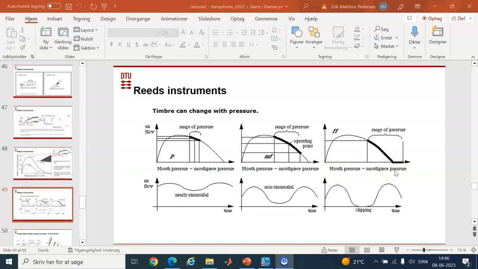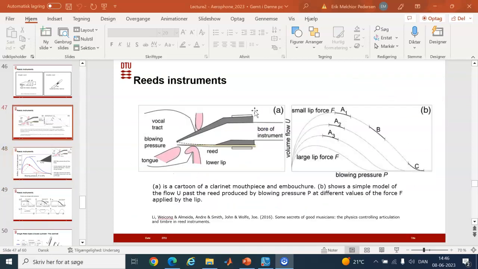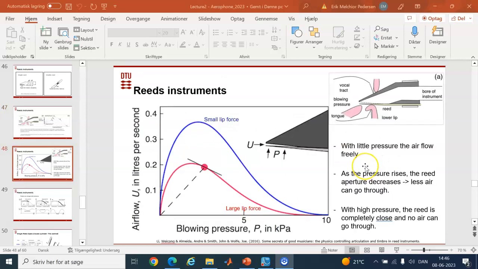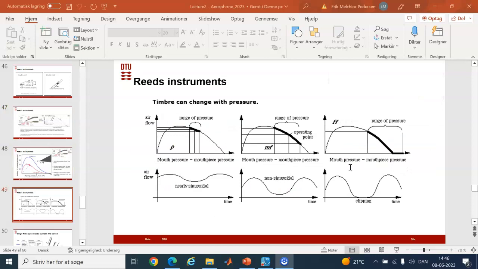And then the last mouthpiece pressure is a lot of pressure from the mouth. Then the volume will decrease. Range of pressure is here.